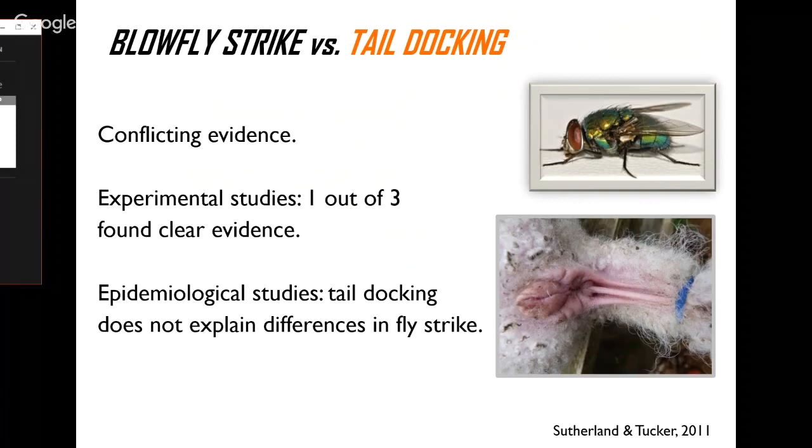One is to do experimental studies, and only 1 out of 3 published experimental studies on the effect of tail docking on blowfly strike found clear evidence of an effect. The other approach would be to look at epidemiological studies, and to make a long story short, I think the summary is that according to most of these epidemiological studies, tail docking does not explain differences in fly strike, at least to a large extent.